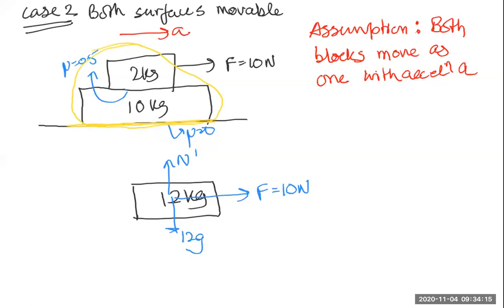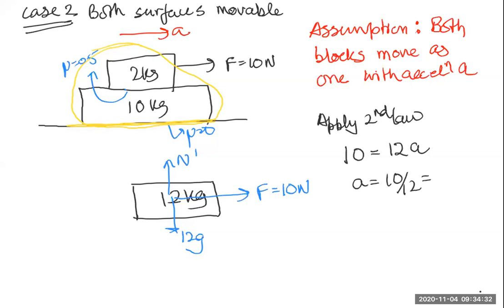So after having done this, I will apply the second law of motion and I will find out the value of A. So 10 is equal to 12A. A is equal to 10 by 12, which is equal to 5 by 6 meter per second square.